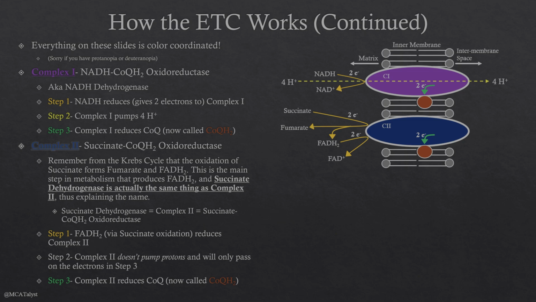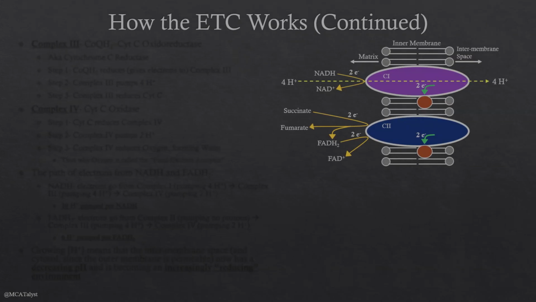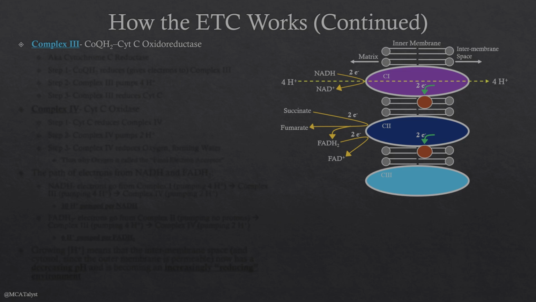Now that we have formed the reduced ubiquinol, ubiquinol being the reduced form of ubiquinone, we can then pass the electrons onto complex 3. Complex 3 is going to be receiving the electrons from this ubiquinol that we've just produced.